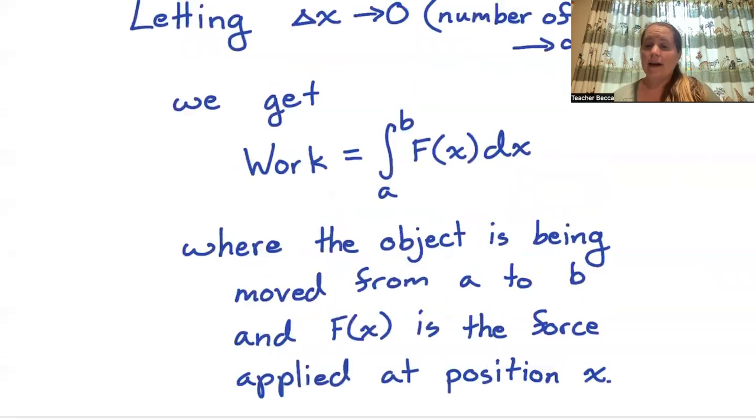So we essentially get that work is just the integral of force, which makes sense since work comes from multiplying force times distance. So work is the integral of force with respect to distance or position.